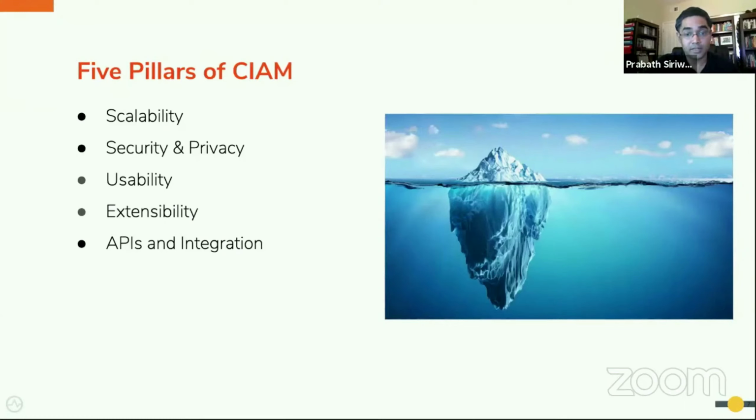Then comes the extensibility. So both the extensibility and the developer focus go hand in hand. Organizations need to continuously improve the level of consumer engagement and adapt to the changes in technology, business models, competitions, regulations, and customer experiences or customer preferences.